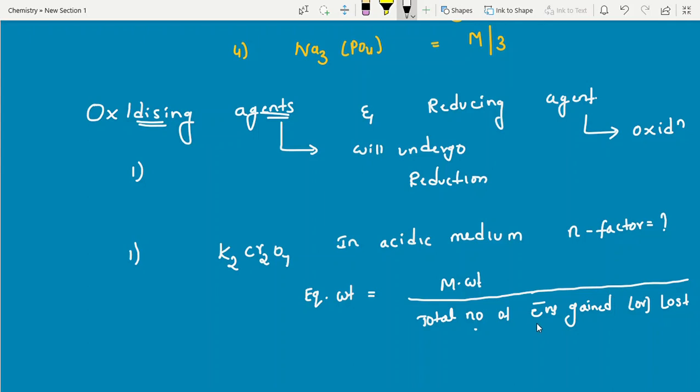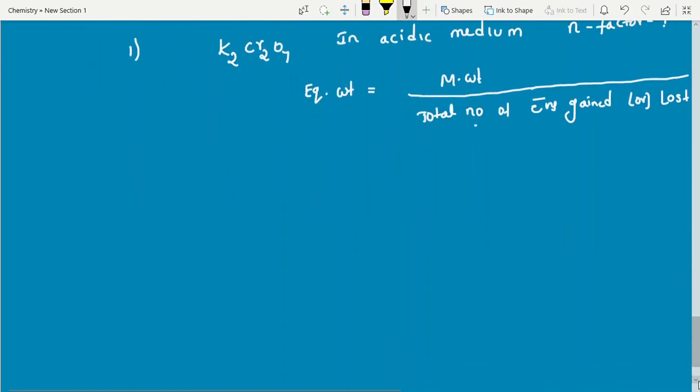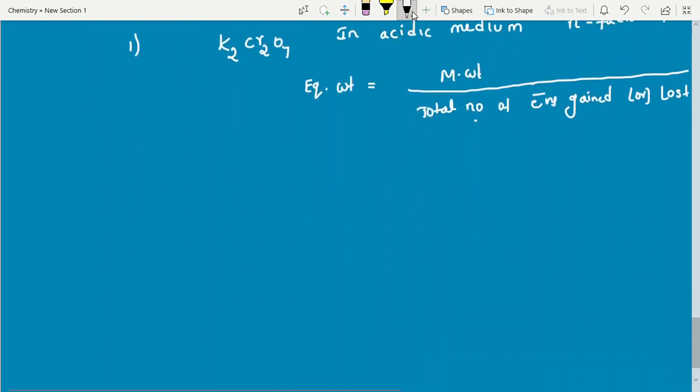Oxidizing agent gains electrons, reducing agent loses electrons. Okay, students, now I am going to give one question. Already I had given K2Cr2O7. Students, they will not even give the product. You have to remember here. Please make a note.